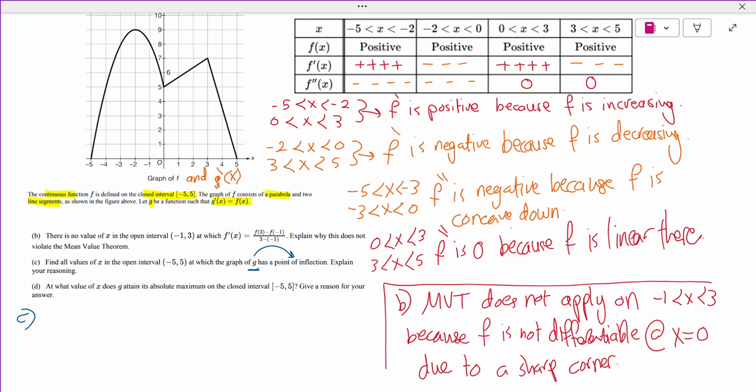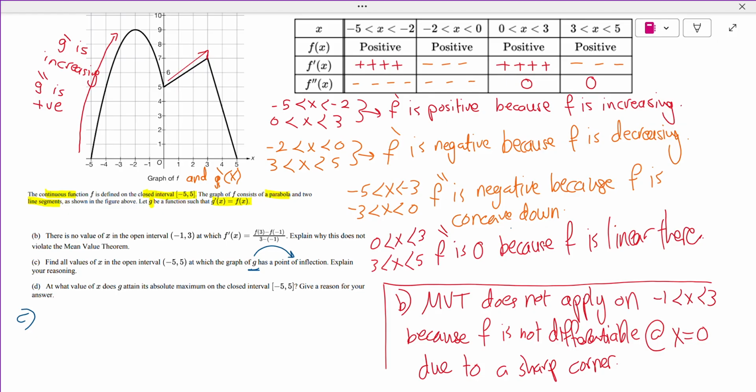Now what happens here? g prime is increasing. That means g double prime is positive, right? And here it's the same, right? g prime is increasing. That means g double prime is positive.